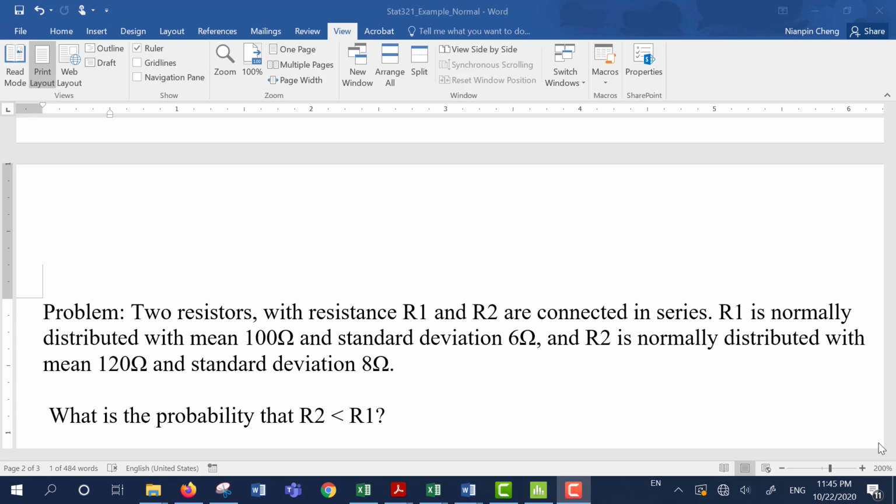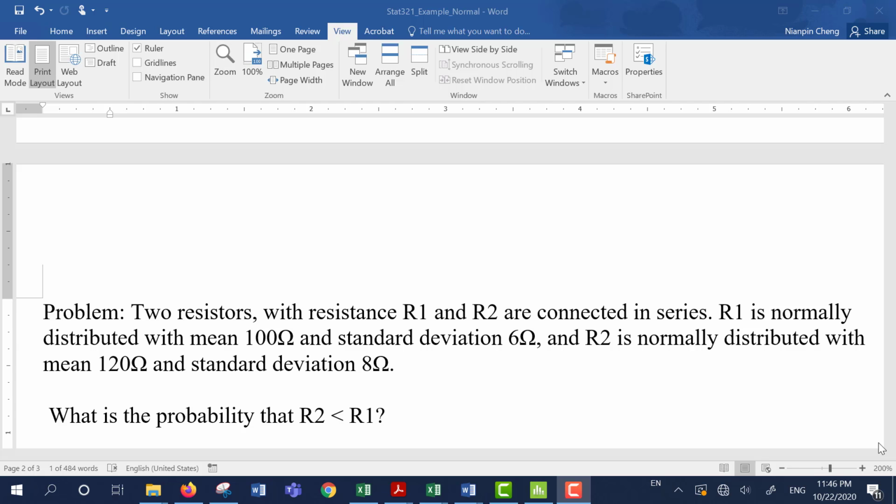R1 is normally distributed with mean 100 ohms and standard deviation 6 ohms. And R2 is also normally distributed with mean 120 ohms and standard deviation 8 ohms. The question is, what's the probability R2 is less than R1?